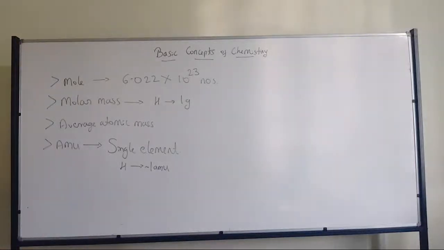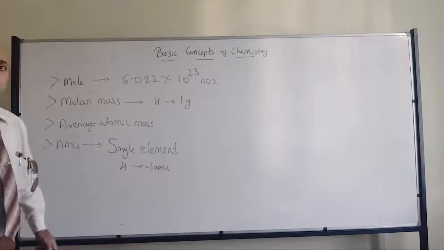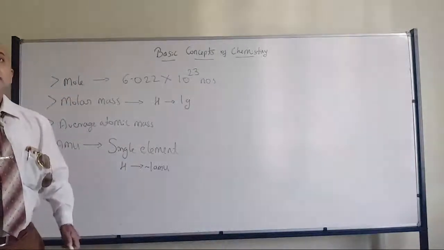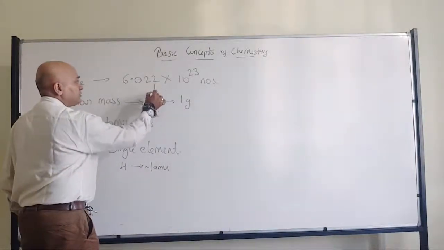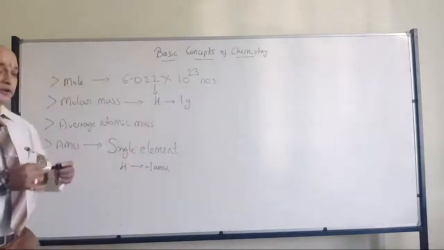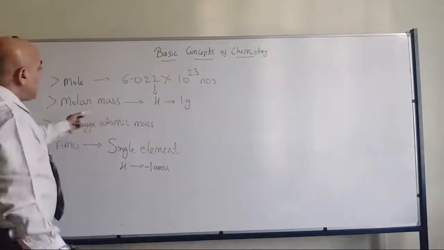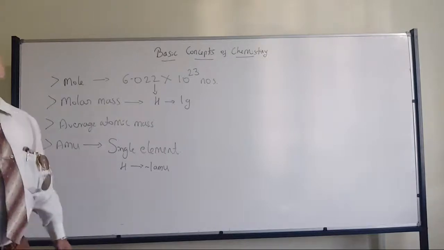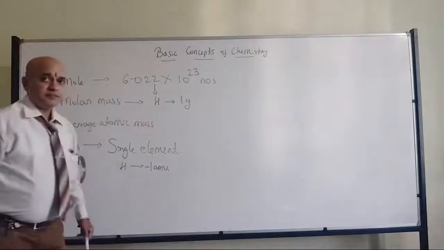Now a very important point here is, it's not 1 hydrogen atom. It is the Avogadro's number of hydrogen atoms which will have the 1 gram. So that's where we have the molar mass. Got my point? It's applicable for anything. I have taken the example of hydrogen.